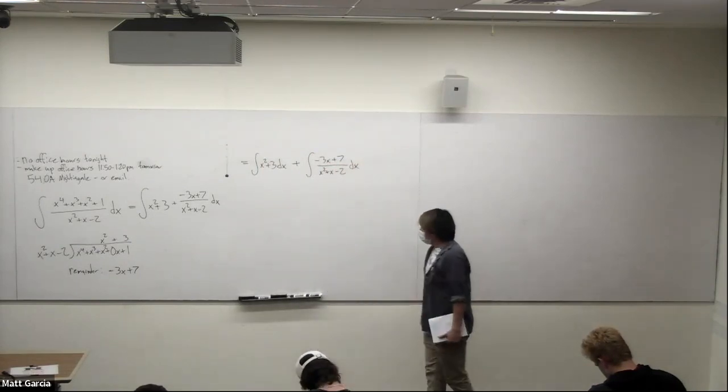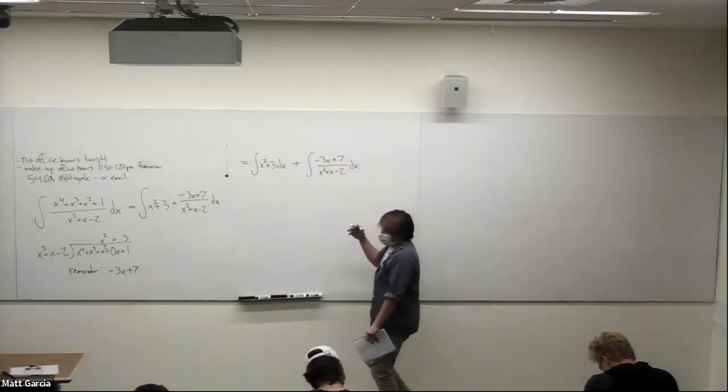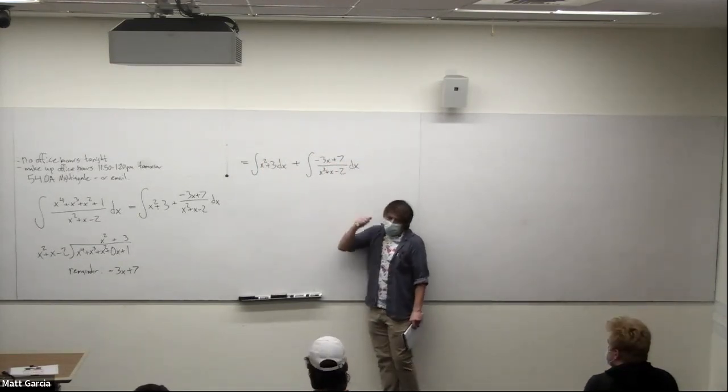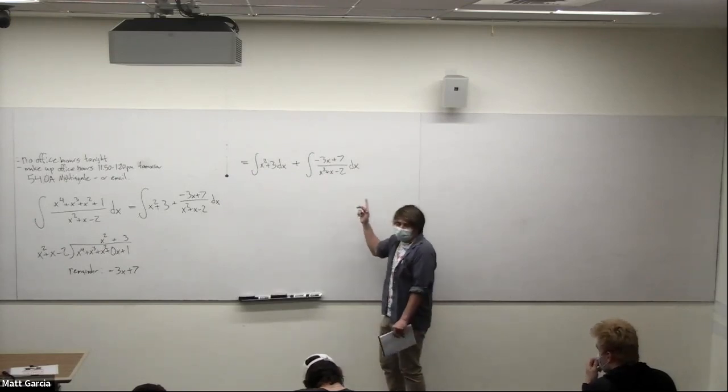Okay. So now we can use partial fractions. What is the first step to do so? What should we do? Factor the denominator. We should do our best at factoring the denominator.